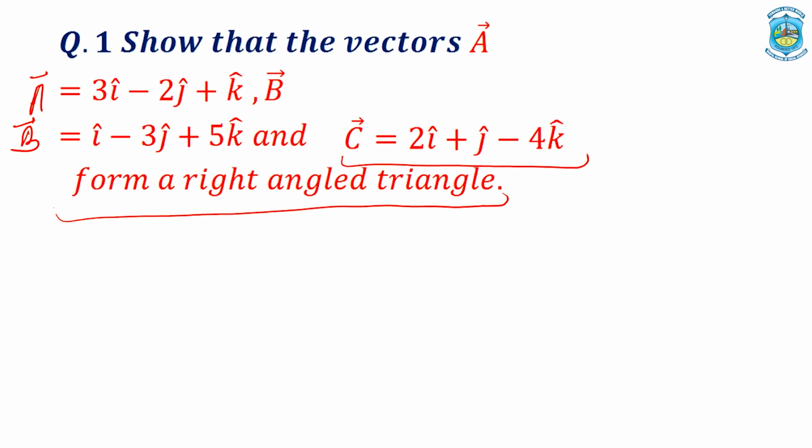Out of these three, we can have three possible dot products, that is A dot B, B dot C, and C dot A. So, out of these three dot products, any one has to be 0.